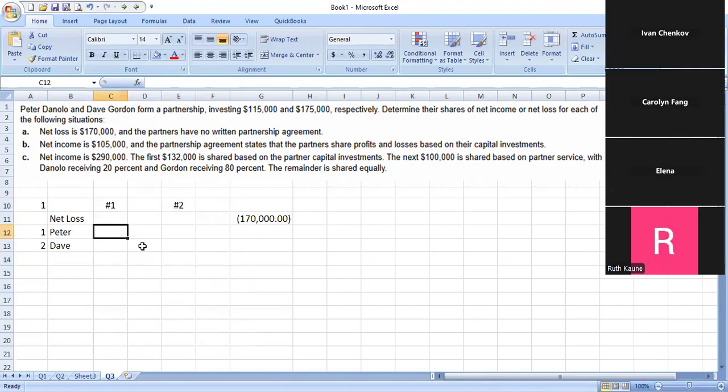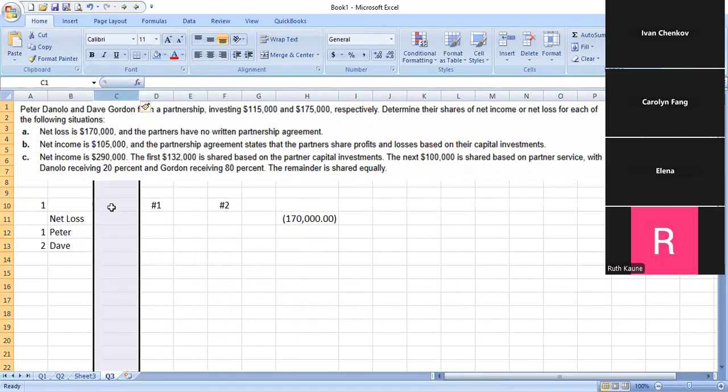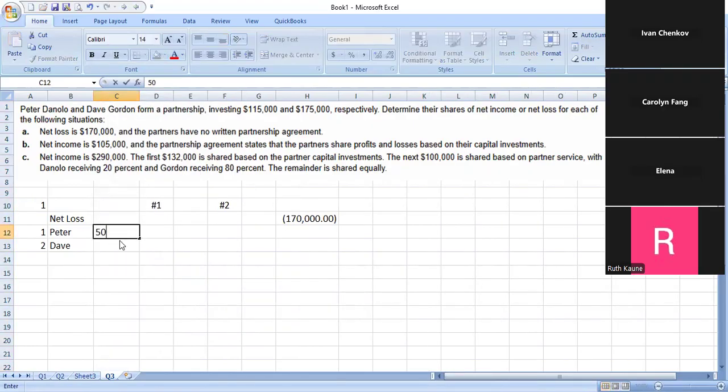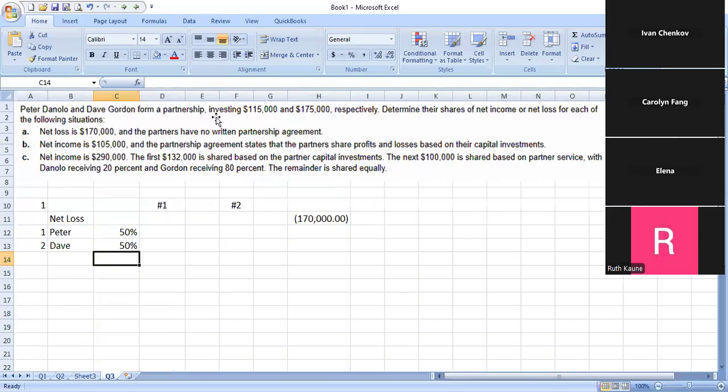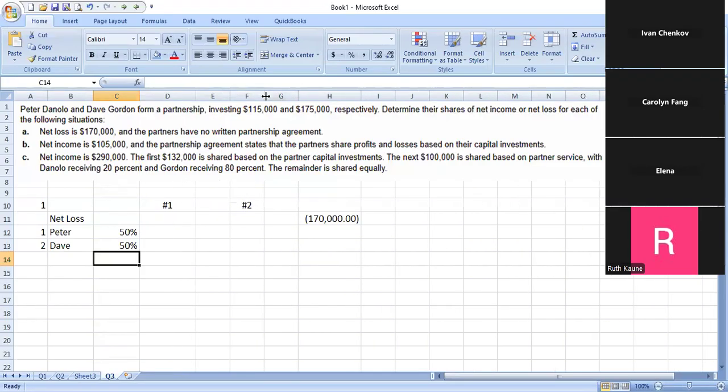So if there's no partnership agreement, I'm going to insert here that Peter gets 50%, and Dave gets another 50%, and they'll be happily ever after, or not. Depends how they feel after they share the loss.